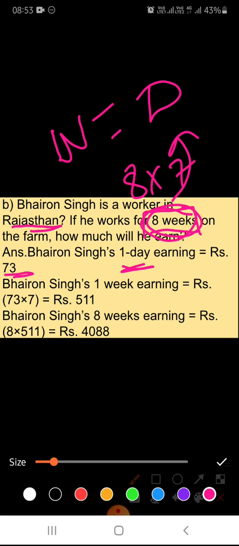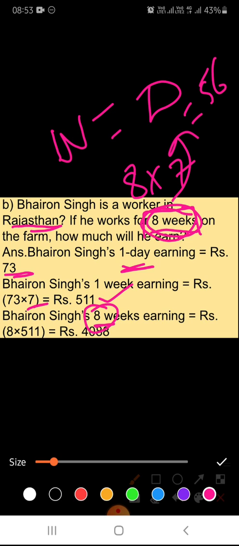This question we can do in two ways. It is 56. Or first of all, you can multiply 73, that is the 1 day salary, by 7. That will be 511. And then you will multiply it by 8. Means first of all we find the salary of 1 week and then multiply that by 8.